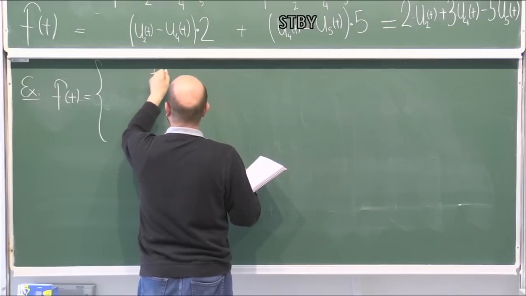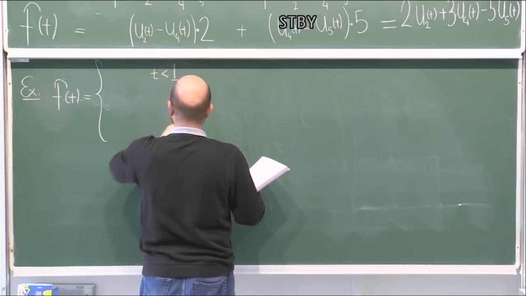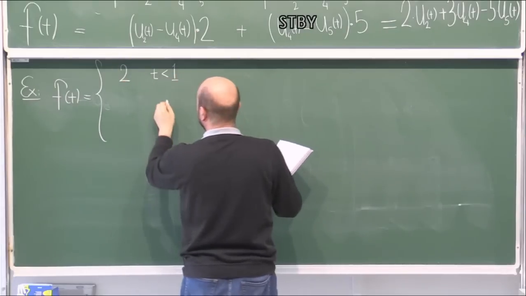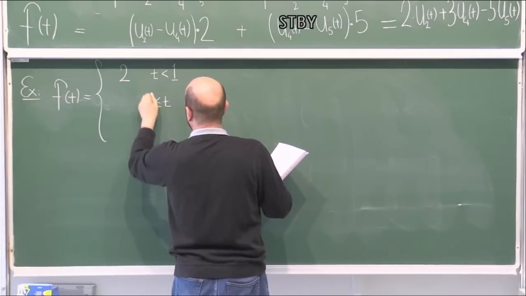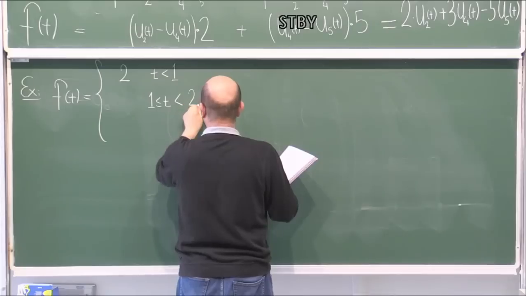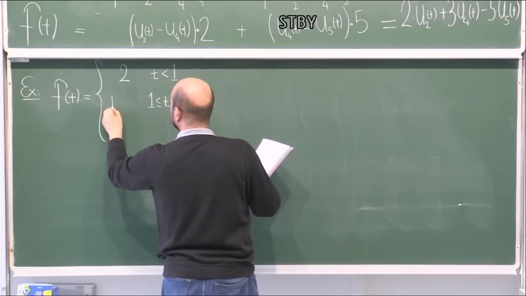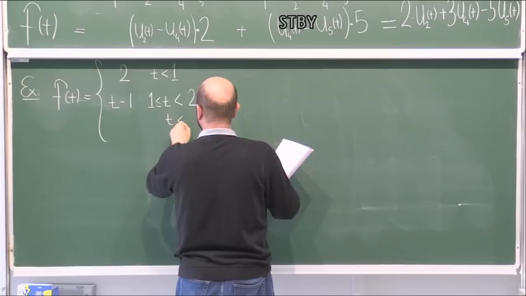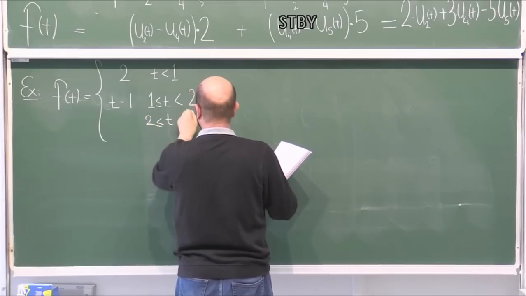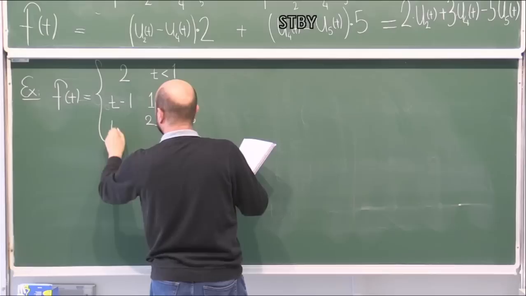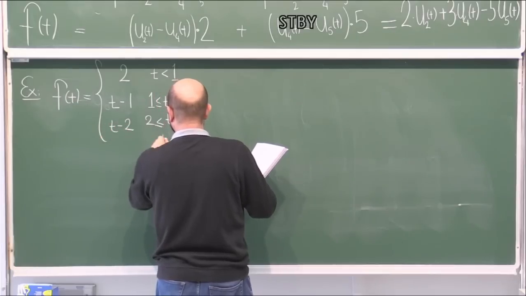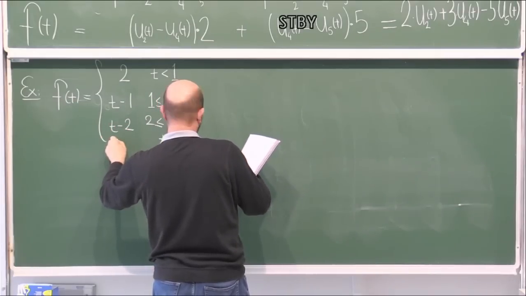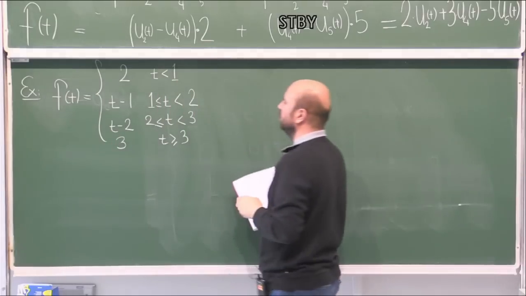When t is less than 1, our signal is 2. When t is between 1 and 2, it is t minus 1. When t is between 2 and 3, it is t minus 2. When t is bigger than 3, our signal is 3. This is what we have.